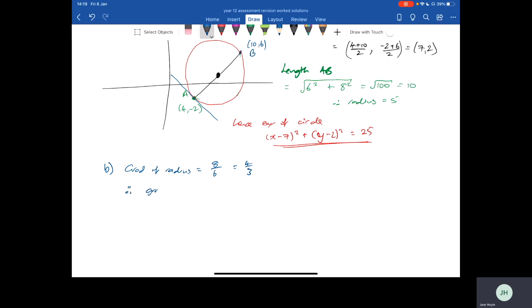So that then tells me that the gradient of the tangent is equal to -3/4.